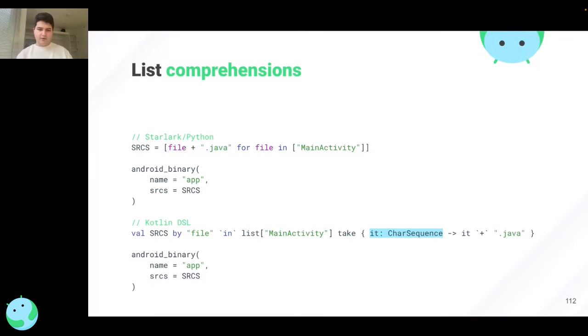What's important here also is that it will have the type char sequence or string, because it will figure out that we are using a list of strings, so the element of the iteration will be just a string. Then we are assigning everything to a sources variable, and we also keep the type, because we know that list comprehensions create a list. So they are of type list, and this is how we can pass it as an argument to an Android binary, for example.